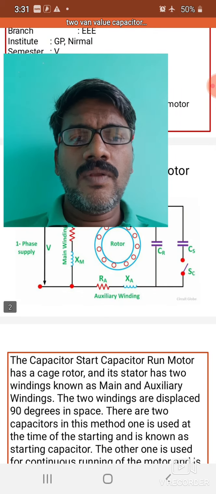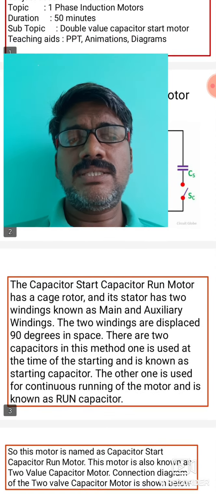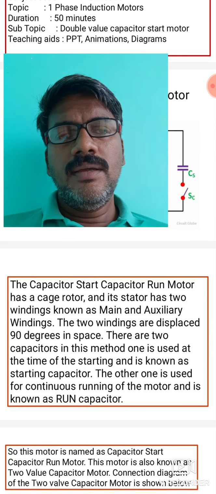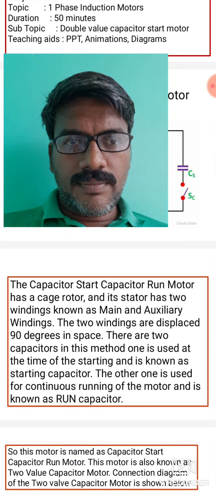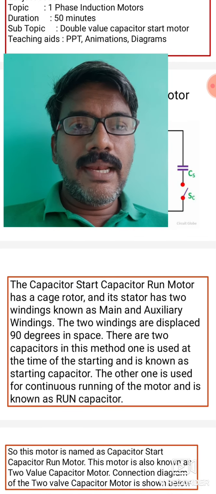Here the capacitor run motor has a squirrel cage rotor.